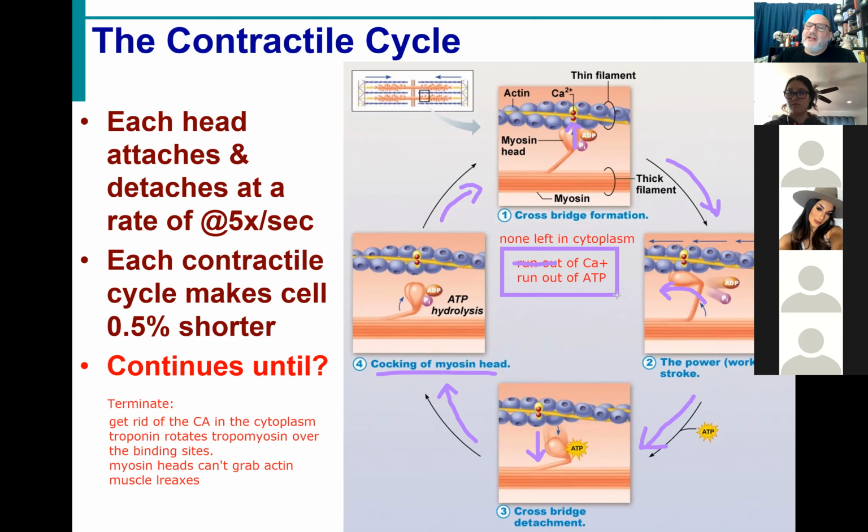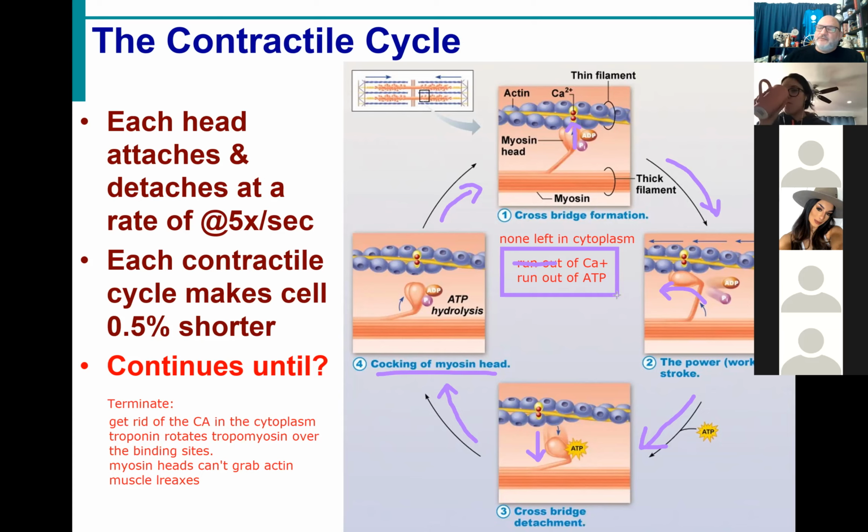Of course, does a cell ever really run out of ATP? No. Although, is there a situation where it might run out of ATP? What's pretty much happened to the cell if it's run out of ATP, if it's not making ATP anymore? It's dead. Exactly.